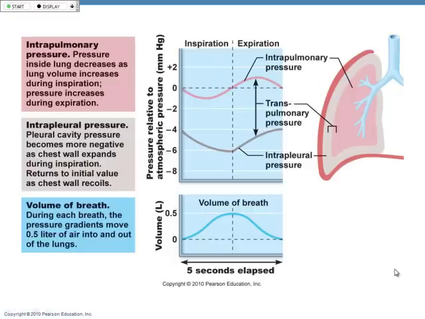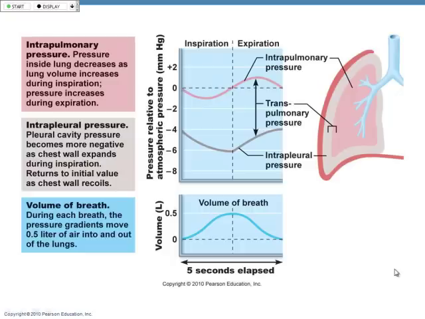That's for a deep breath. For a regular tidal volume, who are the guys that are going to help pull on the ribs? Intercostal muscles. So it's going to act almost like opening an umbrella so that I can inspire, bring air in. And then I'm going to do the opposite for expiration. So know those muscles and what goes on.